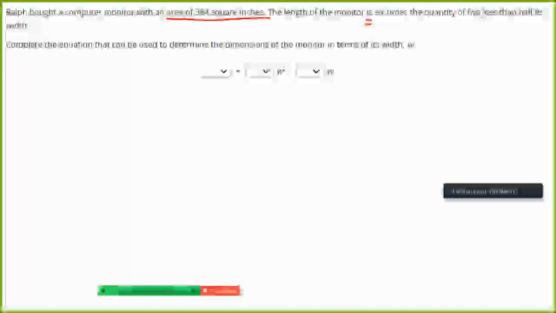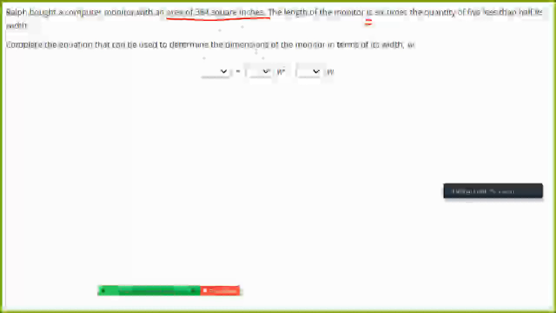We'll come back to that and look at it again. Complete the equation that can be used to determine the dimensions of the monitor in terms of its width, W. And then we look below, and in Edmentum, this is a drop-down question. So if we click on these drop-downs, we would get different numbers.